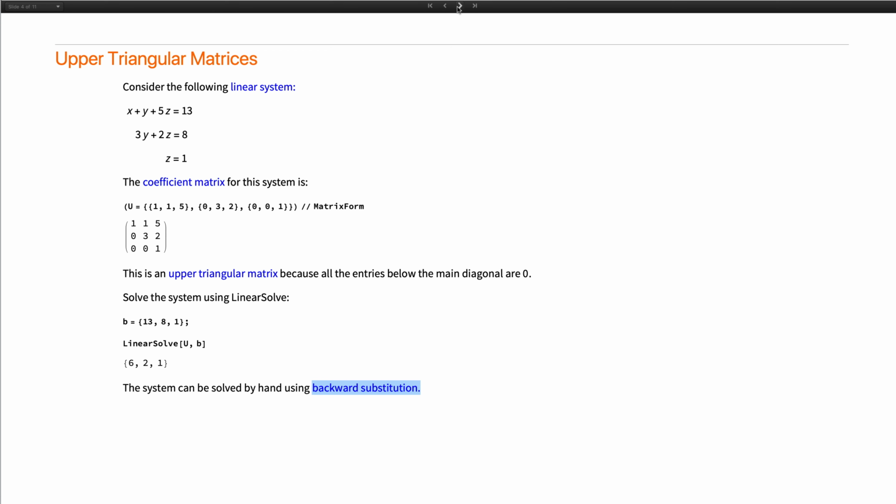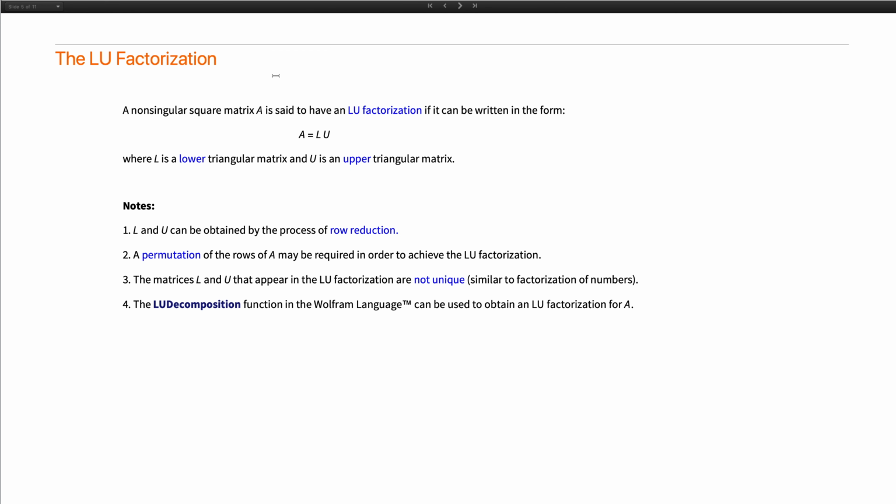Okay, so with that background, we can now define the notion of LU factorization. I'm going to assume that the matrix is invertible, non-singular. In such a case, we have an LU factorization if A can be written in the form A equal to L dot U, where L is lower triangular and U is upper triangular. Now, as we'll see, these matrices L and U can be obtained by using row reduction.